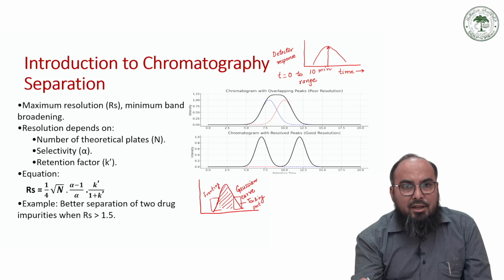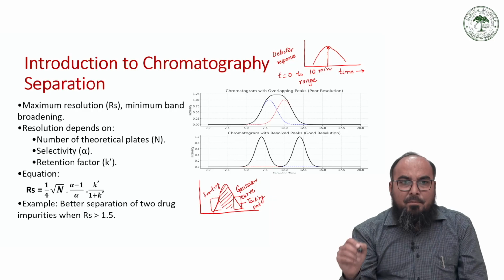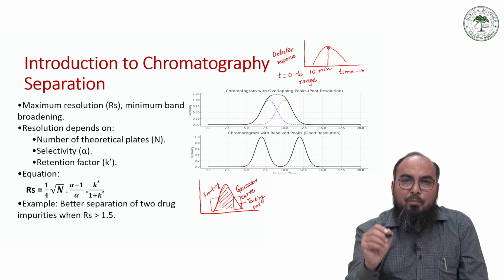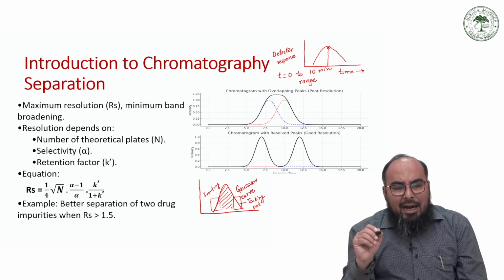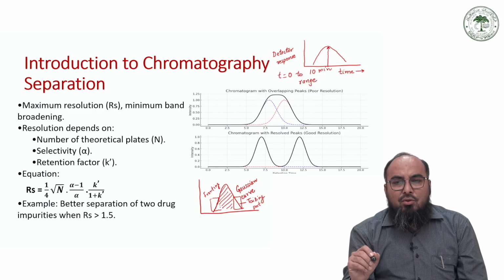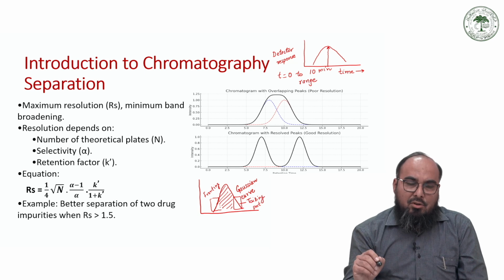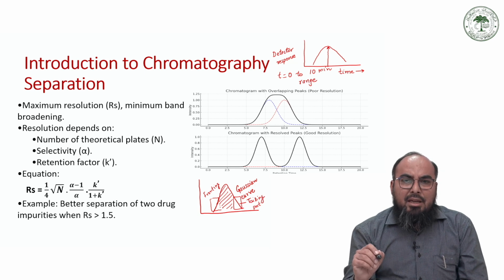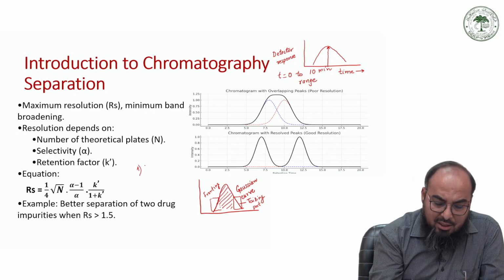So, in the first figure, you can see that a broad curve is obtained enveloping two peaks, and an ideal separation should give you the best possible resolution. A peak becomes ideal if it is resolved.